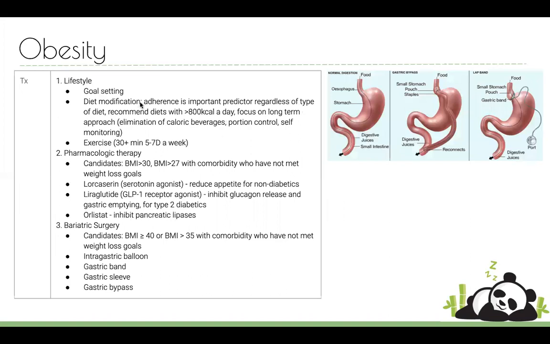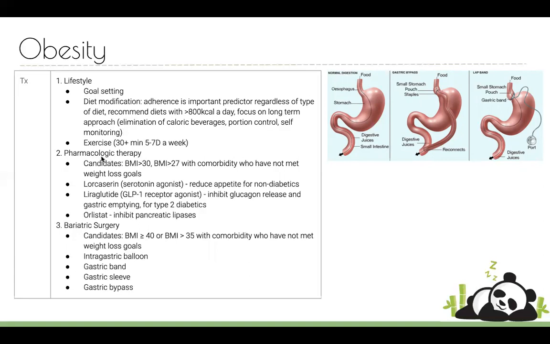In terms of treatment, so the major one is lifestyle. So you'd set goals, set a SMART goal, modify their diet. So it doesn't really matter what diet they go on, but adherence is the most important predictor of success, and recommend diets with at least 800 calories for a long-term approach, and try to get them to exercise more than 30 minutes, 5 to 7 days a week.